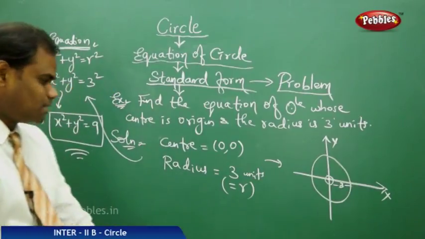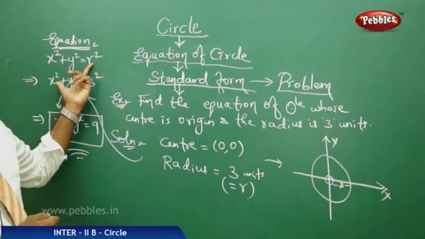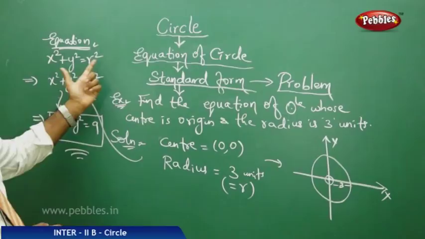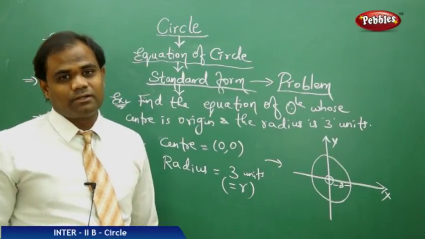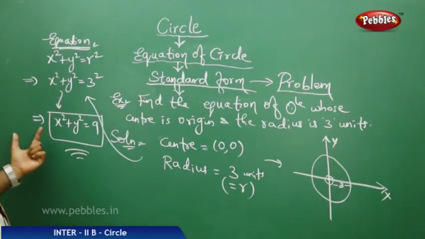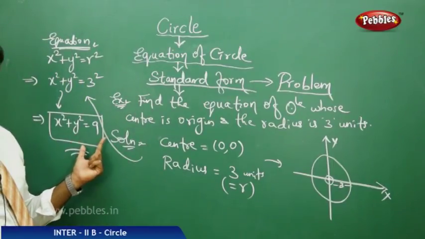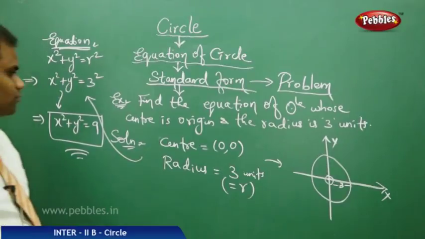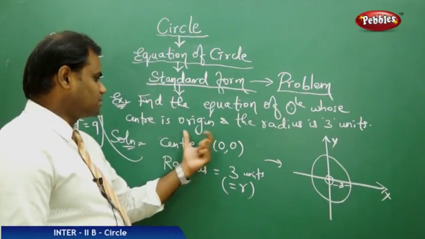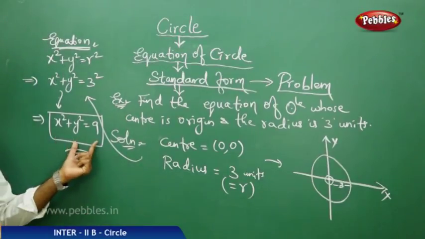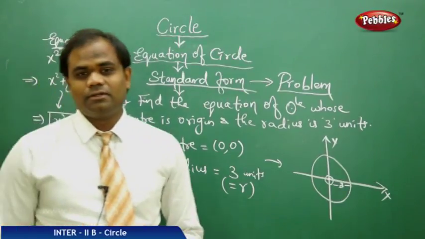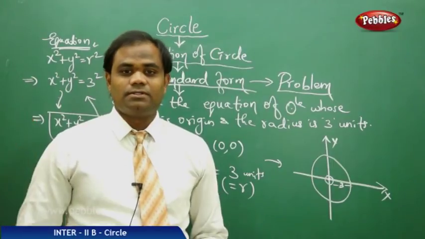Therefore, when I substitute the radius in the standard equation, I get the equation of the circle in standard form, here being x square plus y square equals 9.